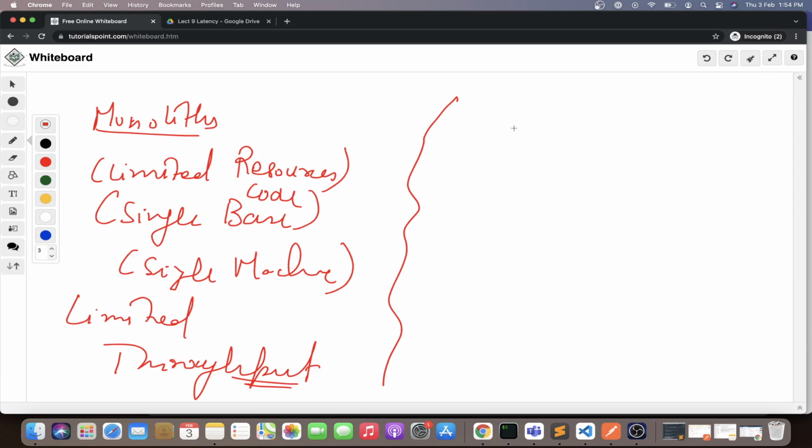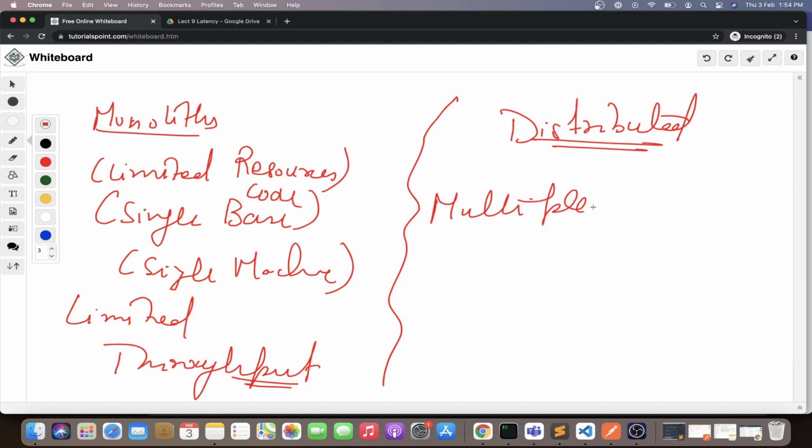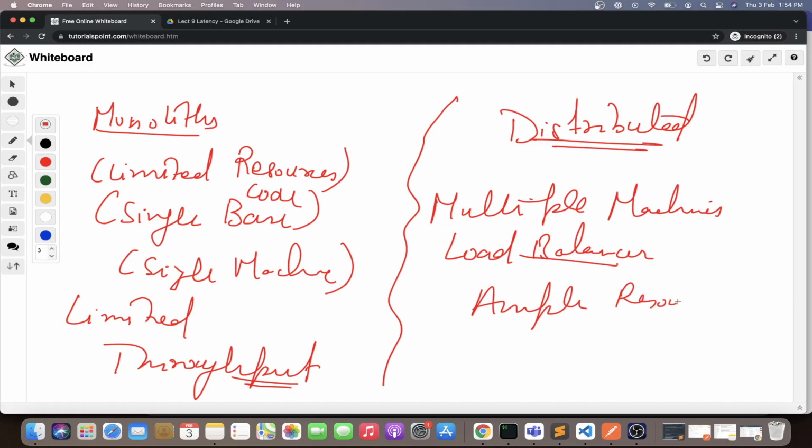On the contrary, in a distributed architecture there are multiple machines and load balancers are present. We'll talk about load balancers in detail in the coming lectures. We have ample resources, so automatically the rate of doing things will be far better.